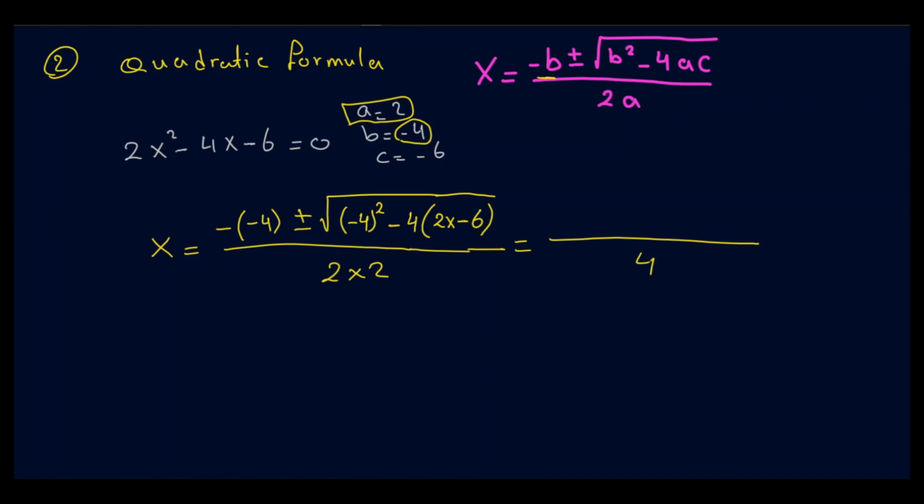From the first part, negative times negative is positive, so we have 4, plus or minus the square root of -4 squared. -4 times -4 is 16, minus 2 times -6, which is -12, times 4 is equal to -48. So we have -48 over here.